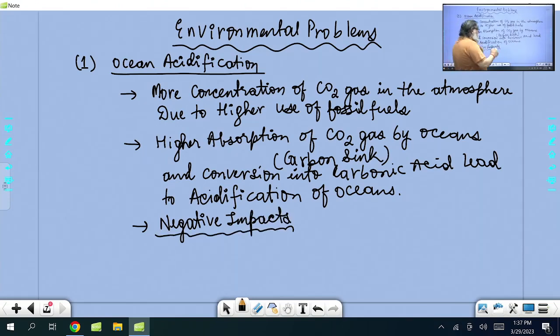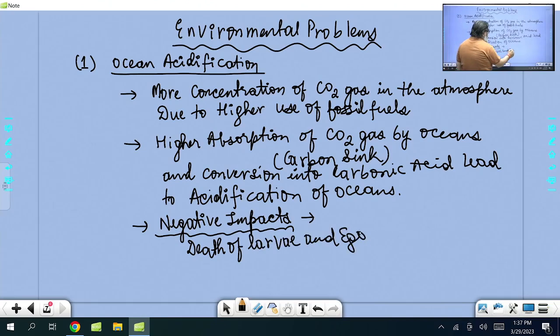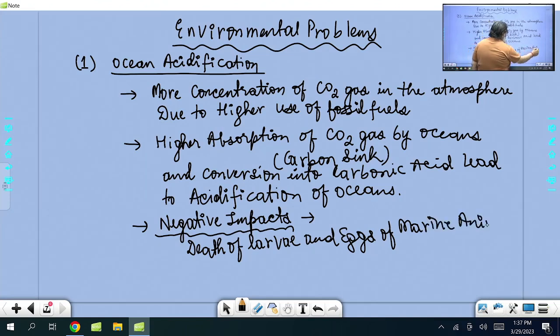The first negative impact is that this will result in the death of larvae and eggs of marine animals. Those marine animals, the young ones, will not be able to survive.